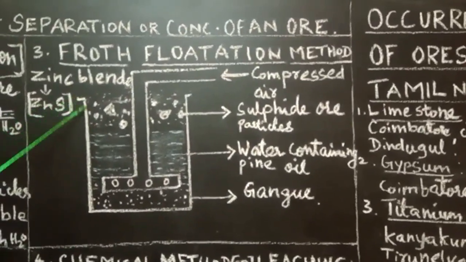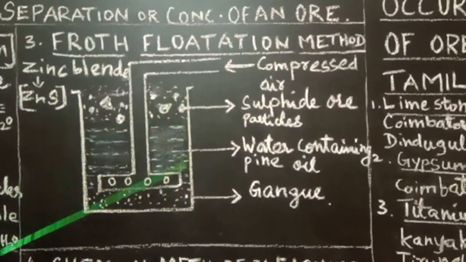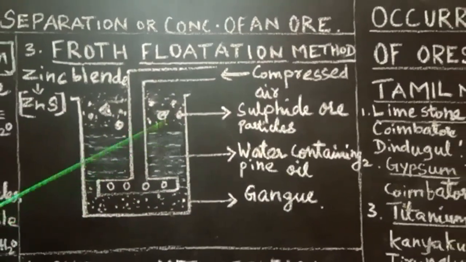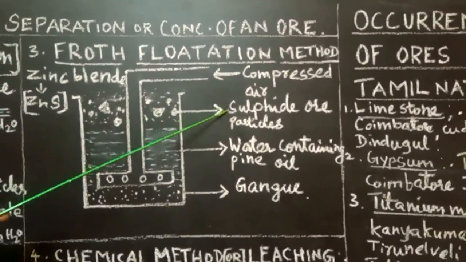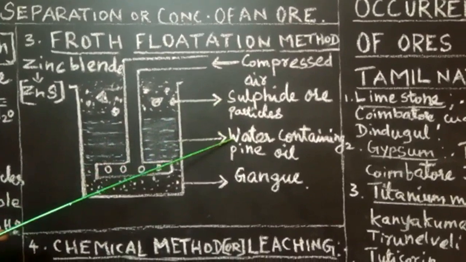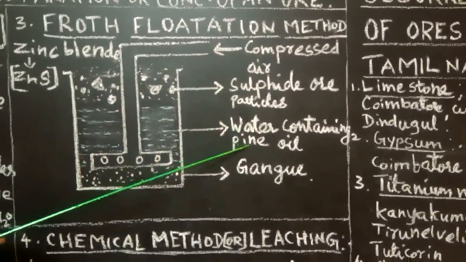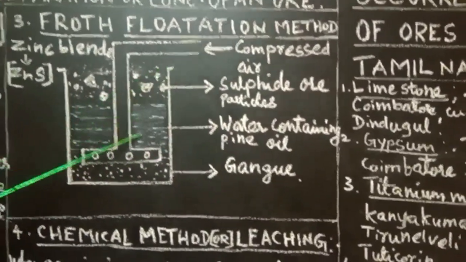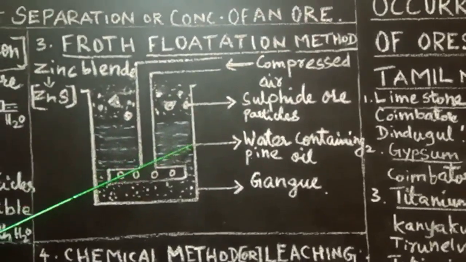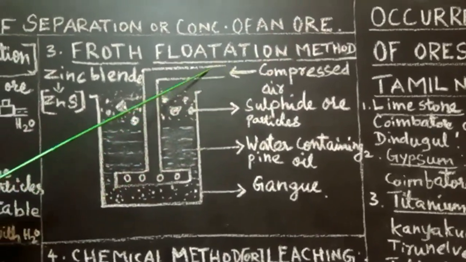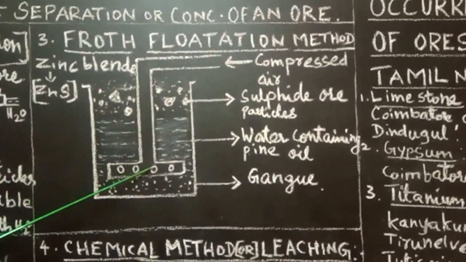So here we are going to take an iron tank. Inside this we have to add sulfide ore. Next water. This water is containing pine oil. All this we have to take in this iron tank. Next we have to send the compressed air.